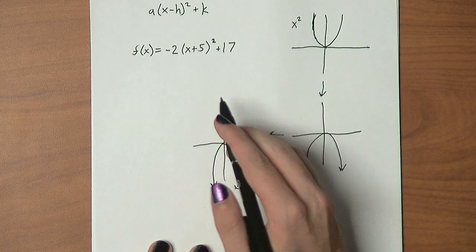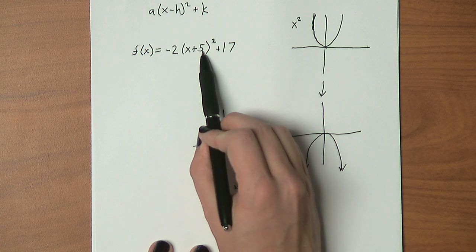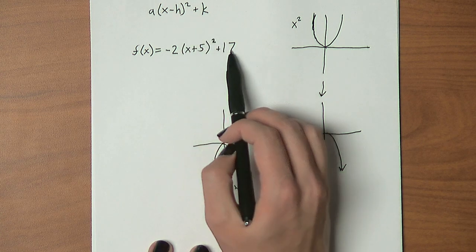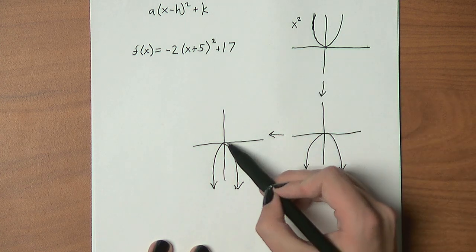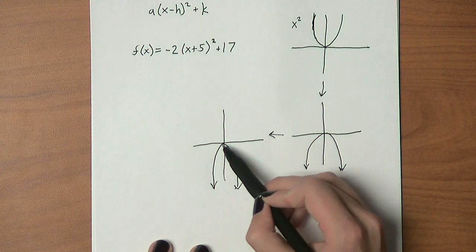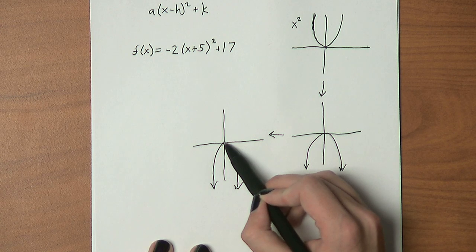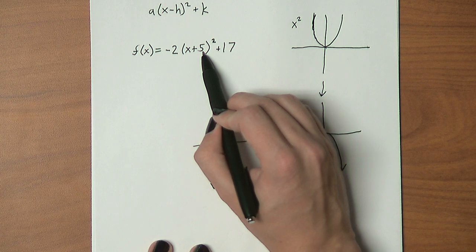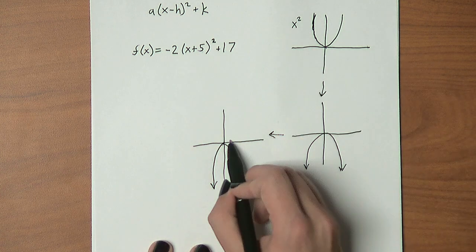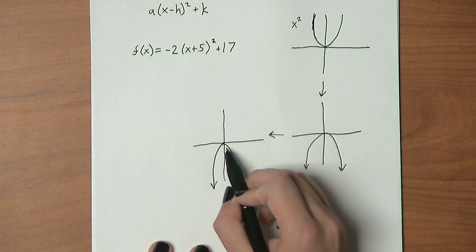So now I'm going to look at my h here and the k. The h and the k are going to tell me where this vertex goes. So it starts at 0, 0. But when I look at my h, this is going to tell me where along the x-axis it's going to go.